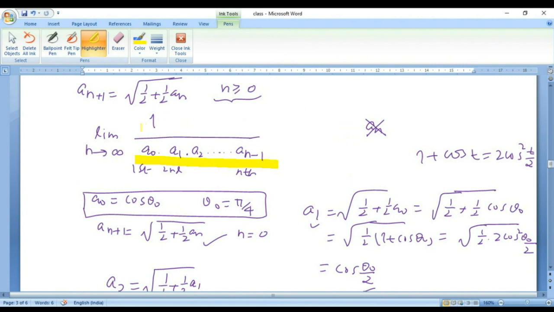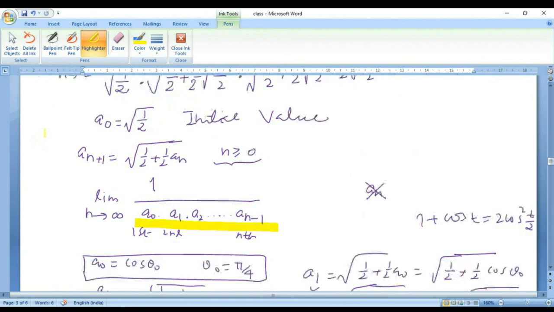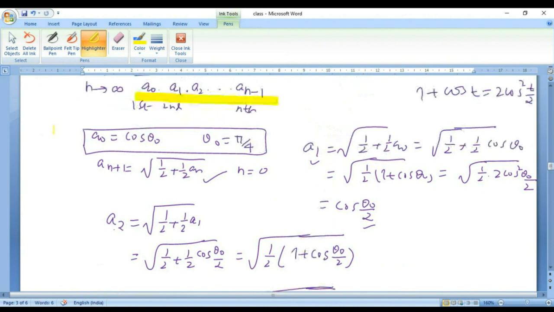In fact, we derived this recursion. The given problem was 1 over root 2, which suggested that there could be some recursion at work. So guided by this and motivated by cos theta, we set up this system a naught, then a n plus 1, and all those numbers. So this was the step that we got.